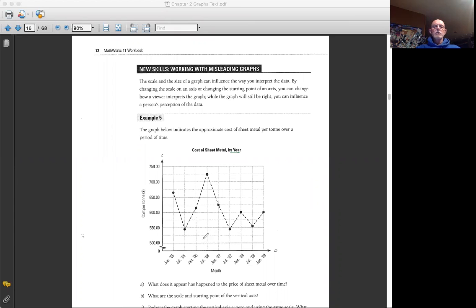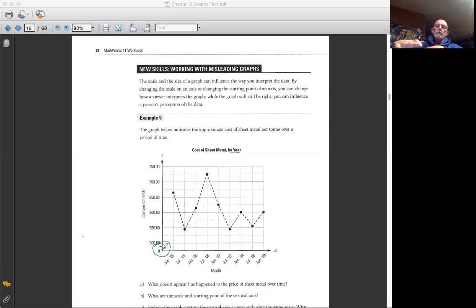So what the misleading thing is down here in this bottom corner, you'll notice that it goes from 0 to $500 right away. There's nothing in between. Basically what they've done is they've taken the entire graph from 0 to 750, and they've ripped off the bottom and compressed it down.